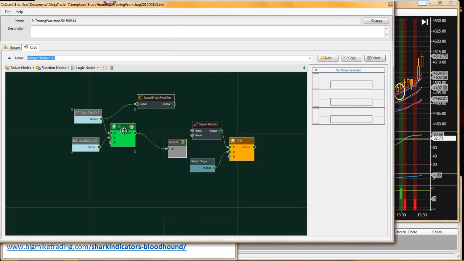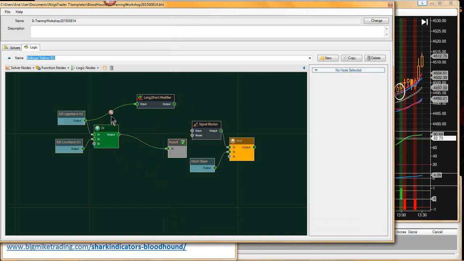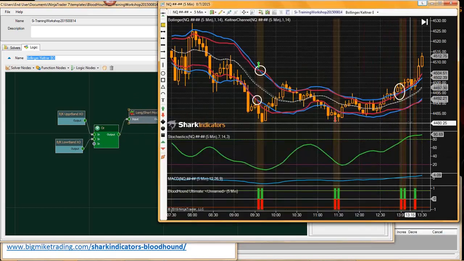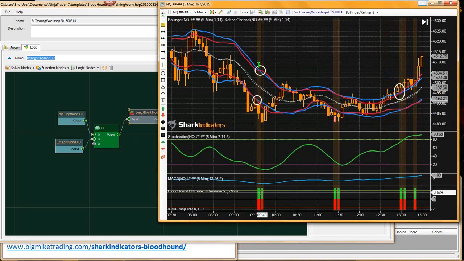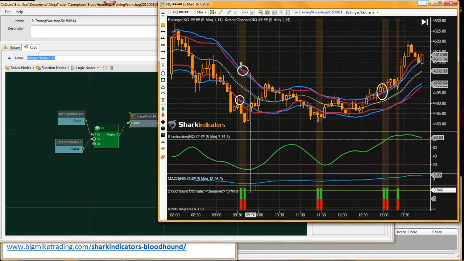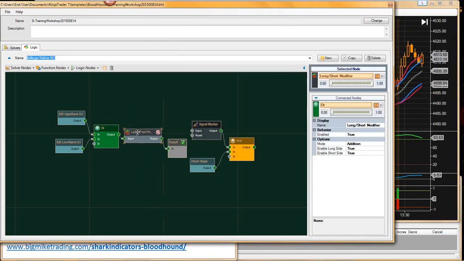So I can take this OR node, connect it into just one long short modifier, and then it gives me the same results here. Now you can see I'm taking the OR node and modifying it, and I'm getting both my long and short outputs here. Then it only takes just one long short modifier.